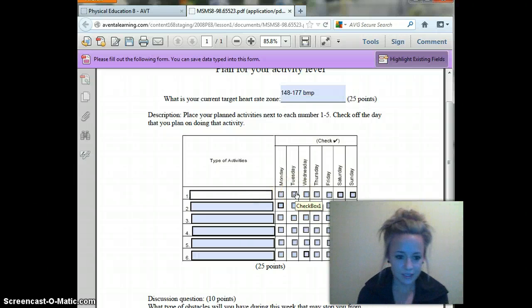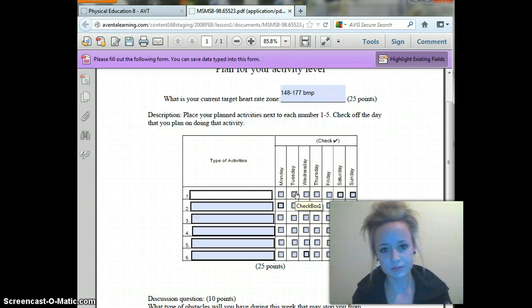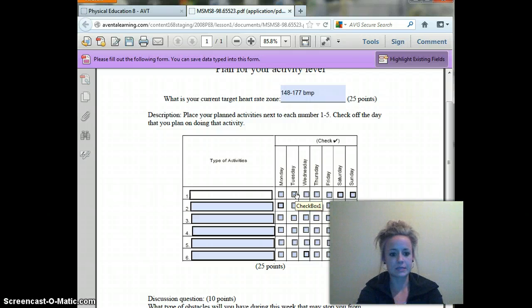Types of activities. These are activities that you plan on doing throughout the week in order to meet your activity goals. I'm just going to write a few things in here. I plan on playing basketball. I might rake leaves. I walk my dog.